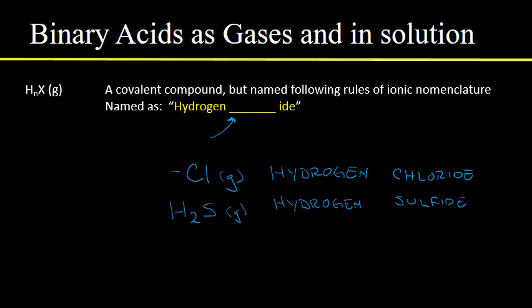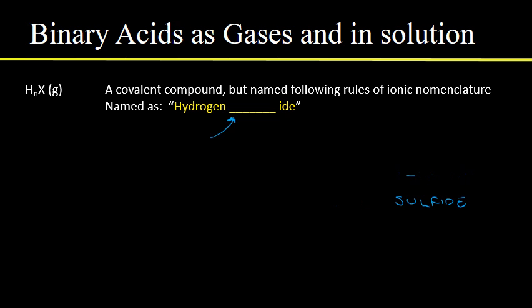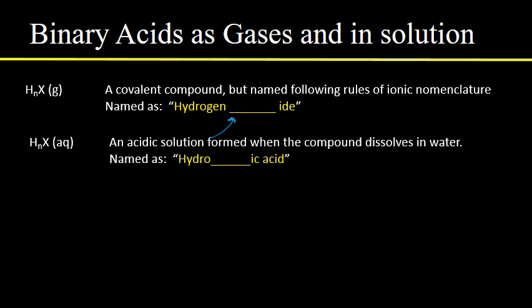All right, now all of these, as I mentioned a minute ago, are very soluble covalent compounds. You can dissolve them in water, and when you dissolve them in water, they make acidic solutions. And the acidic solutions formed from them are named with this pattern, hydro blank ic acid, where the root for the element goes into that little blank.